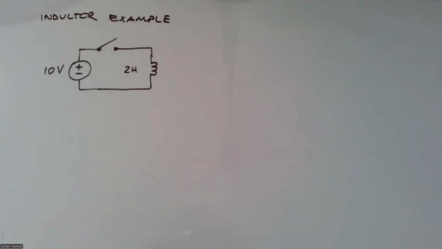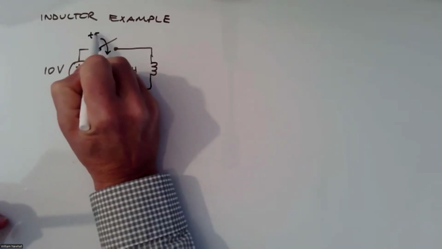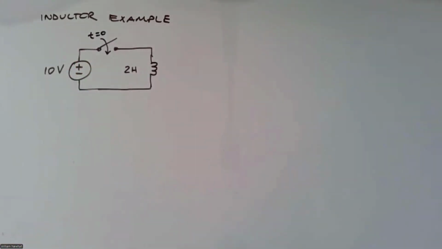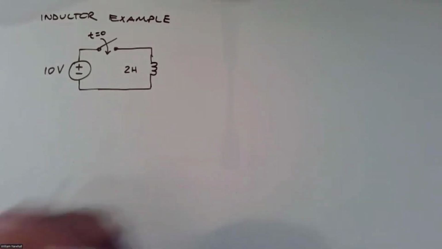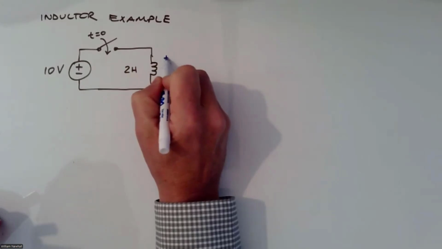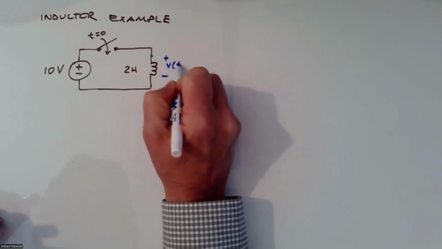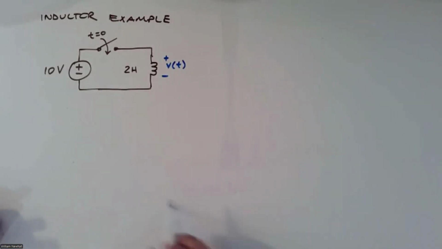Let's close this switch at t equals 0 time, and let's see what happens with respect to voltage and current for this inductor.